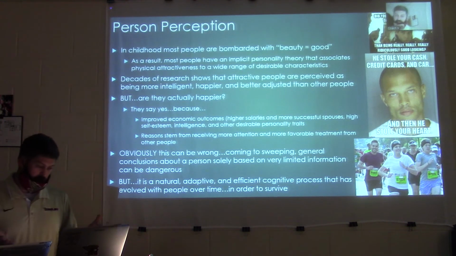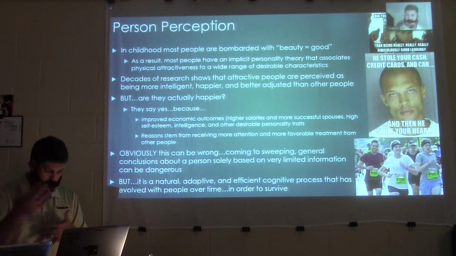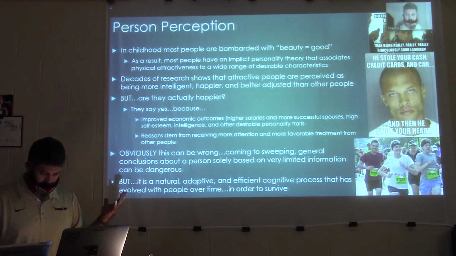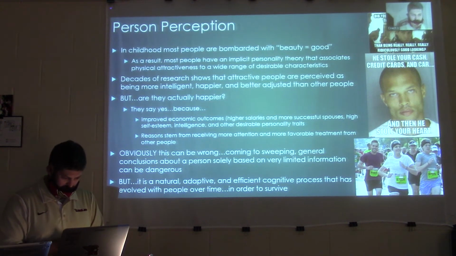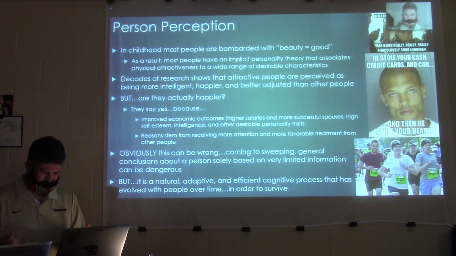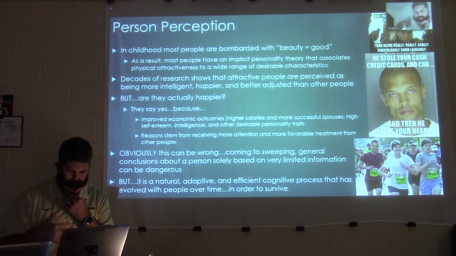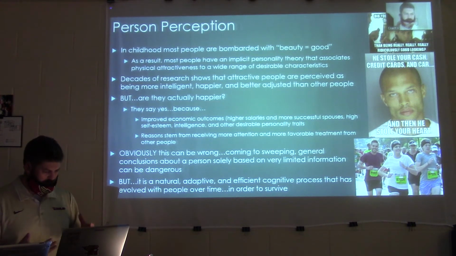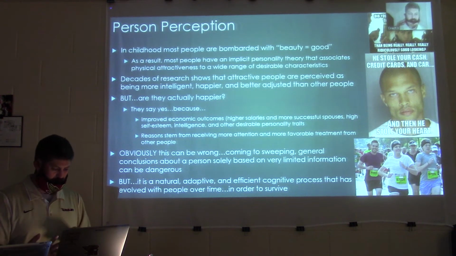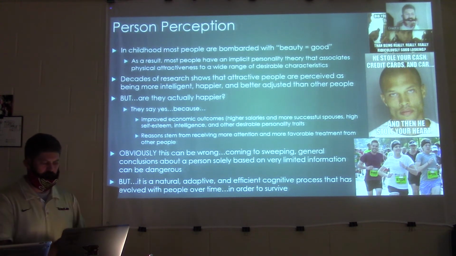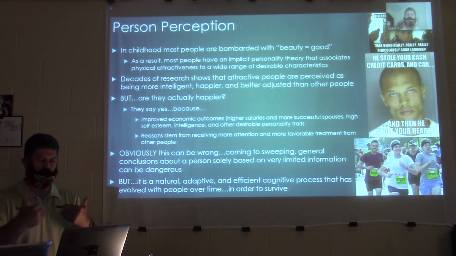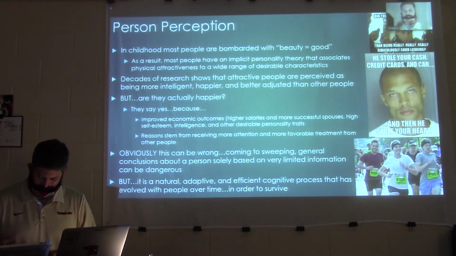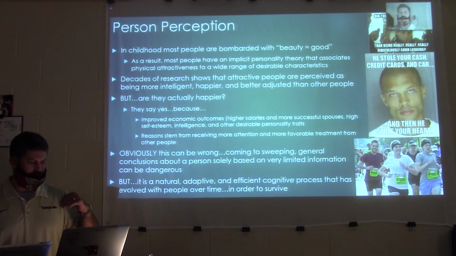So obviously this can be wrong, right? This is a sweeping general conclusion about attractiveness, all right? But again, it's just limited information, so we can't necessarily make really informed decisions about it. But it is a natural, adaptive, and efficient cognitive process that has evolved with people over time in order to survive. Remember, that is the name of the game. That is survival.